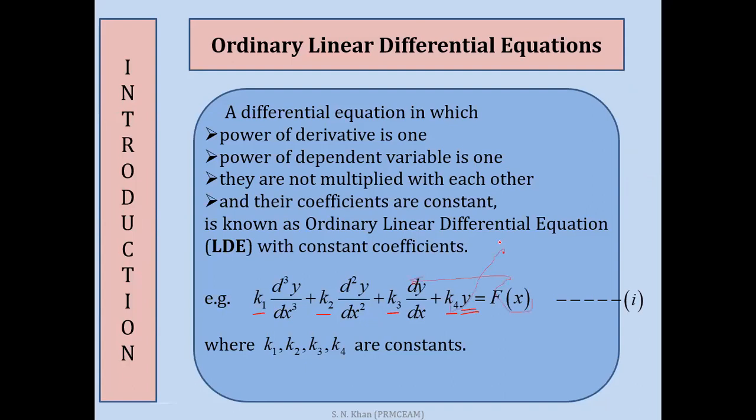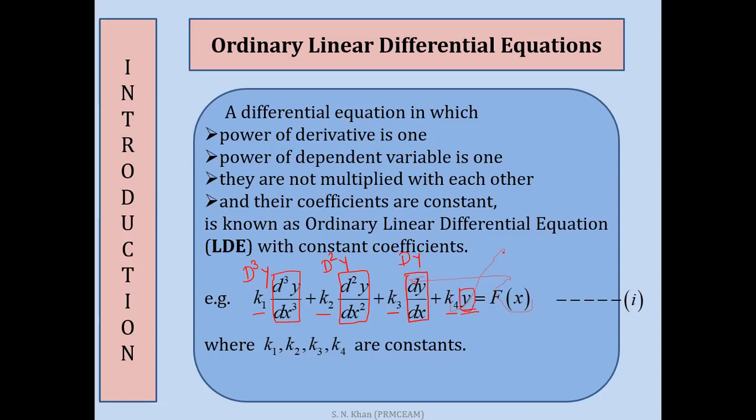Now, we want to apply operator D here. So the first derivative d3y by dx cube will become capital D cube operating on y. Next, d2y by dx square will become capital D square operating on y. Next, dy by dx will become capital D operating on y. And the last, the dependent variable y, stays as it is.